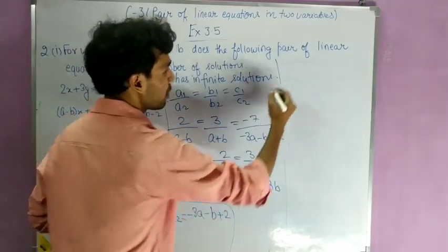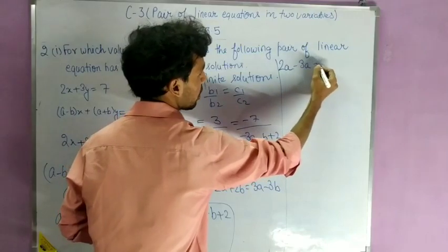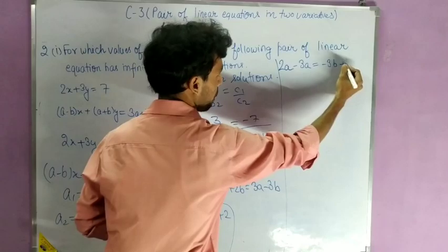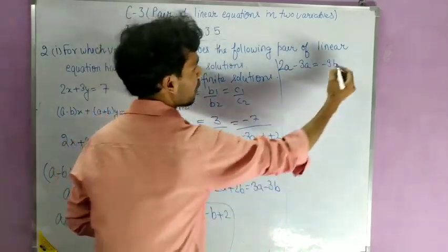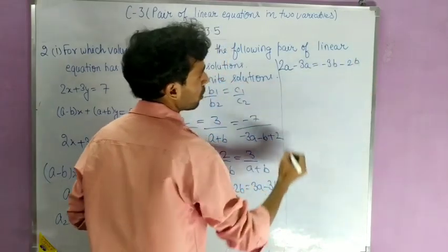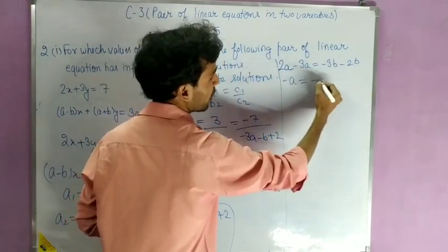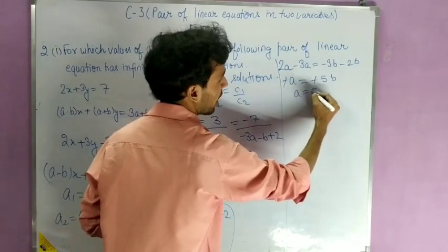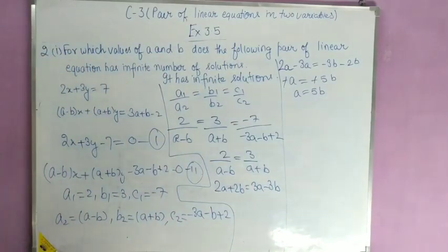So I can write 2a minus 3a equal to minus 3b minus 2b. Here 2a minus 3a will become minus a, and here it will become minus 5b. So we got a equal to 5b. We got that expression now, a equal to 5b.